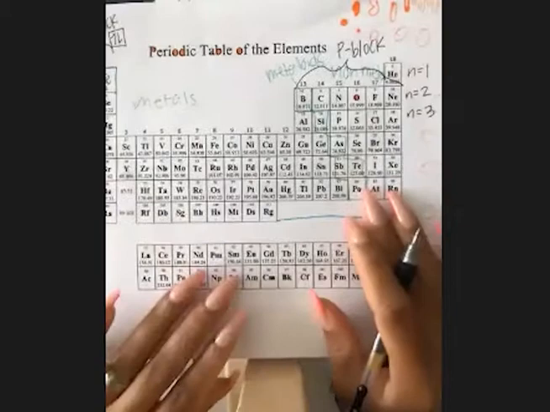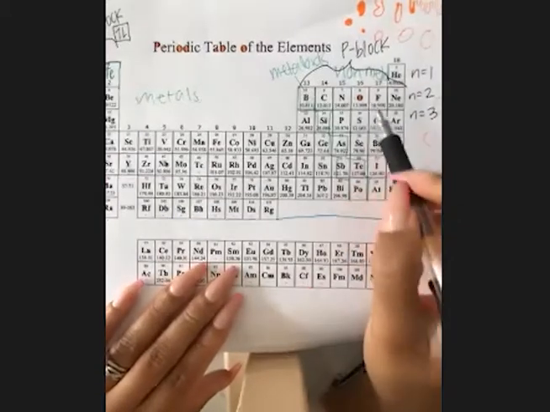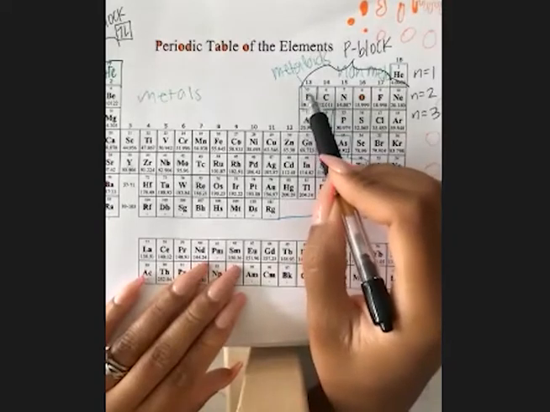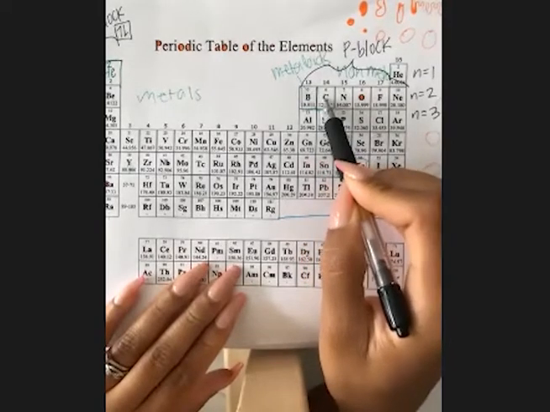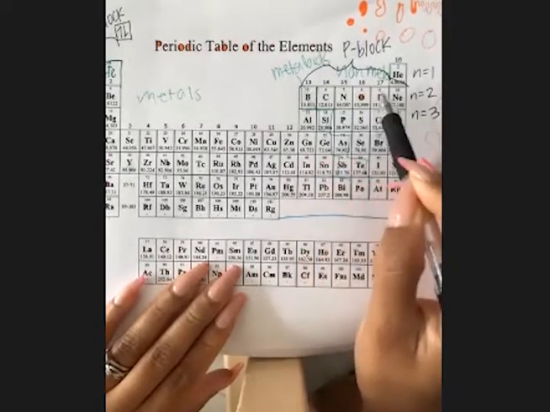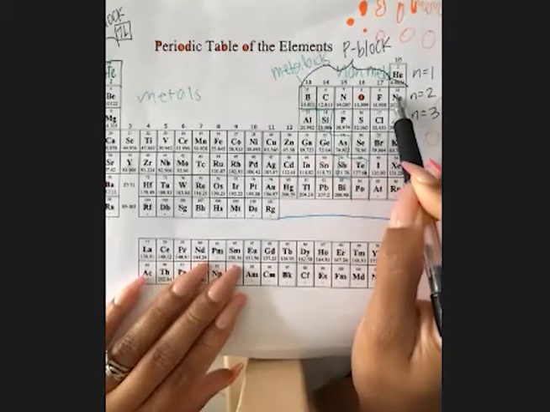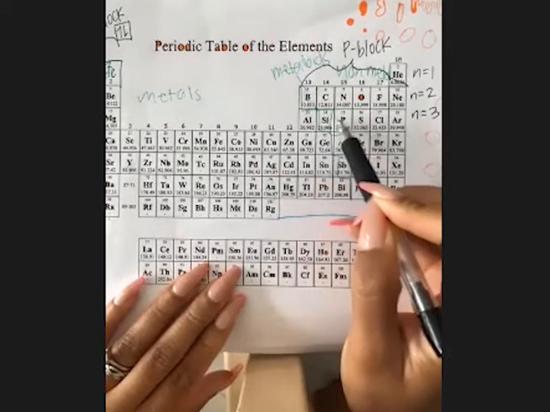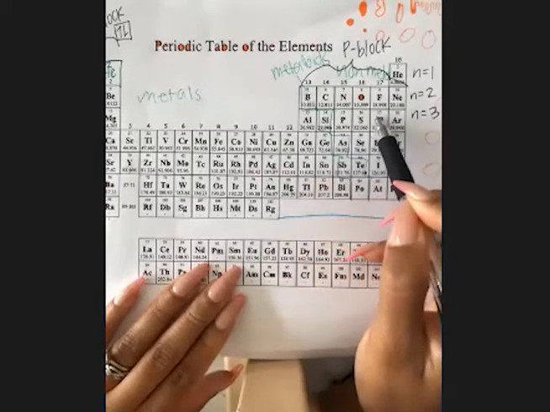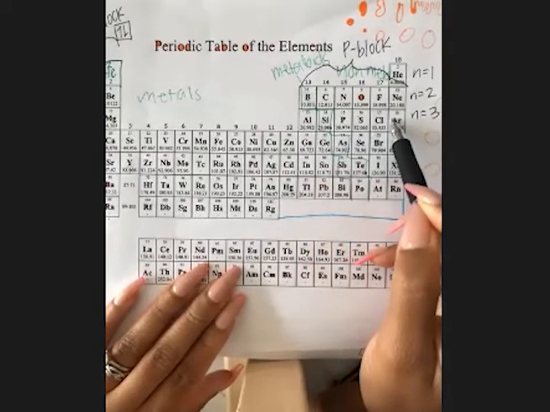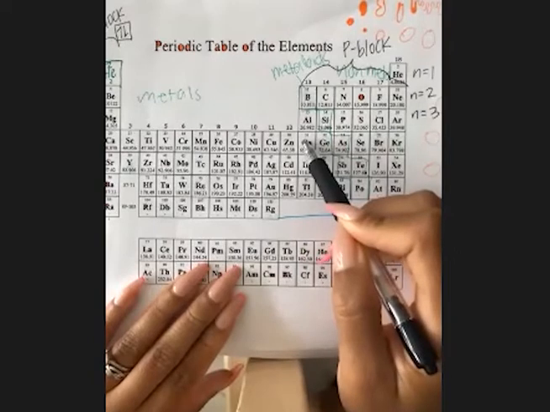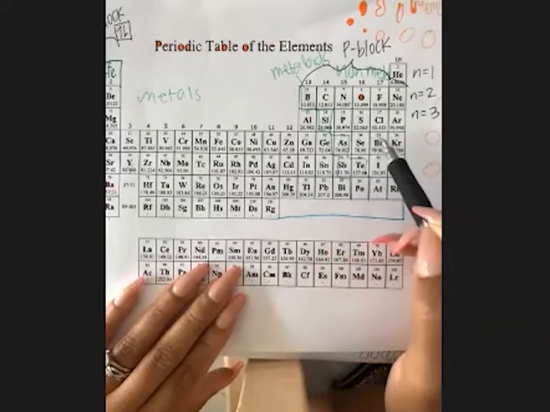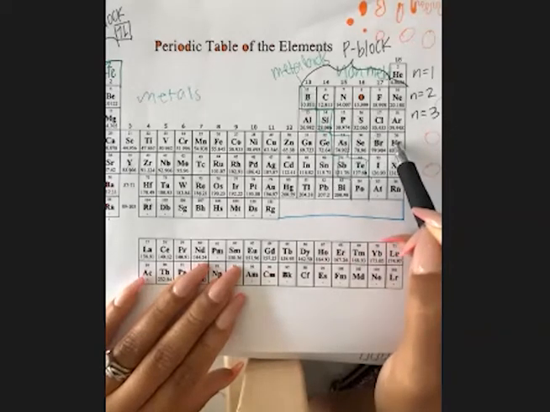So now when we're in the P block and we get to, say, for instance, boron, boron is 2p1, 2p2, 2p3, 2p4, 2p5, 2p6. Aluminum, 3p1, 3p2, 3p3, 3p4, 3p5, 3p6. Gallium, 4p1, 4p2, 4p3, 4p4, 4p5, 4p6.